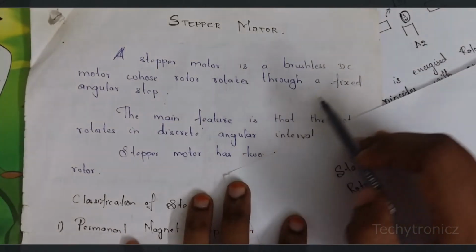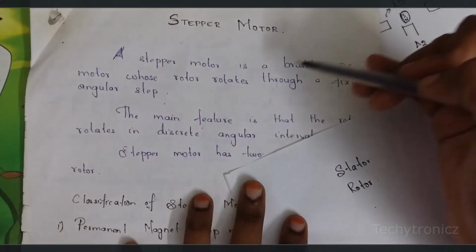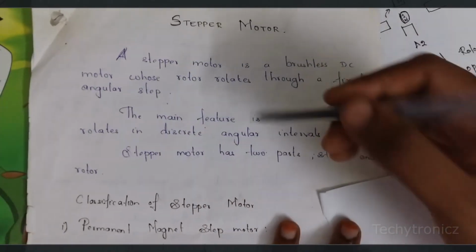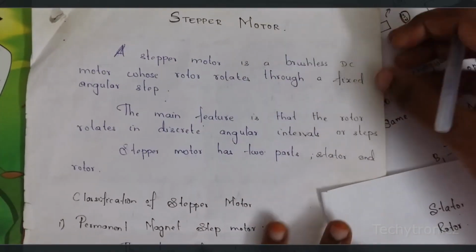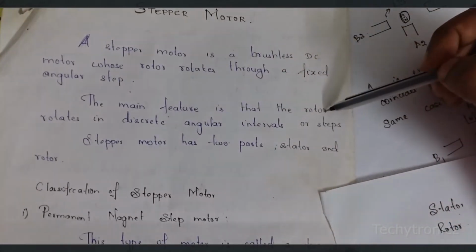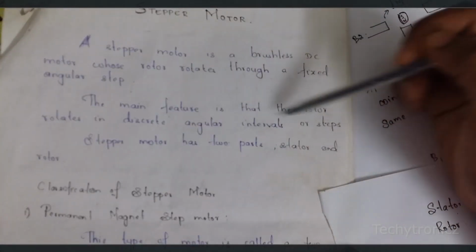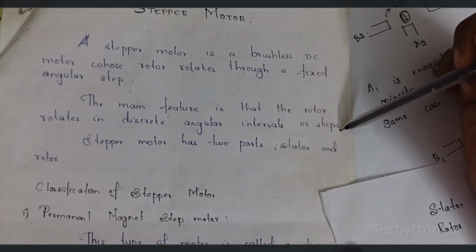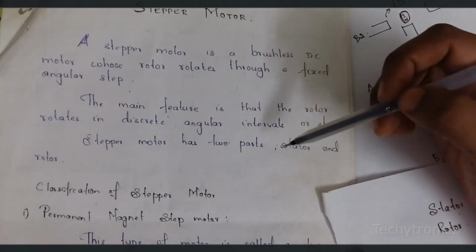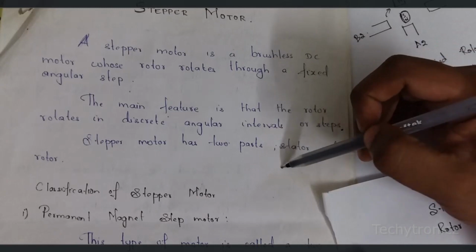It rotates through a fixed angular step. This is the main feature of a stepper motor: the rotor rotates in discrete angular intervals or steps.